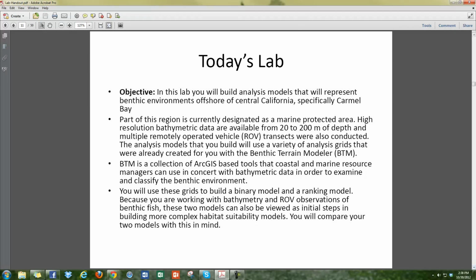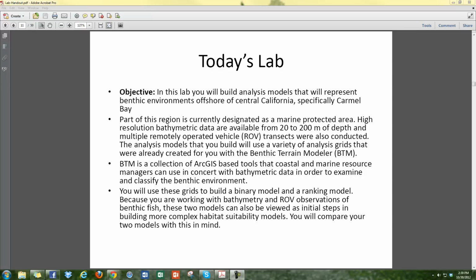So in today's lab, we're going to build an analysis model that will represent the benthic environments offshore in Central California and Carmel Bay. What we want to do is evaluate this marine protected area. There's a certain area, based on regulation, where you can't fish.